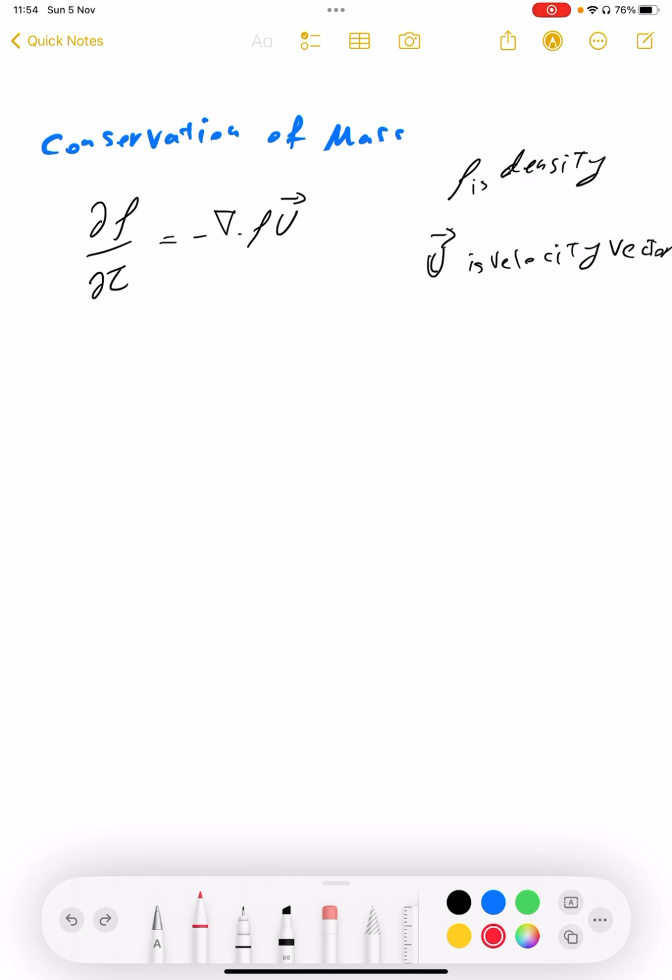So if you look at the book, they start with talking about the mass flux which is coming through a surface. So they chose a control volume.